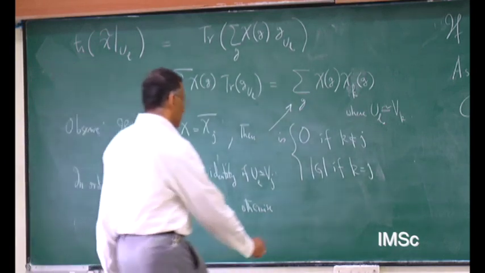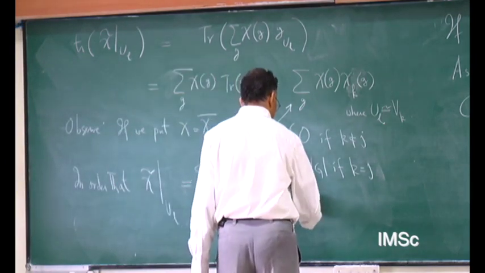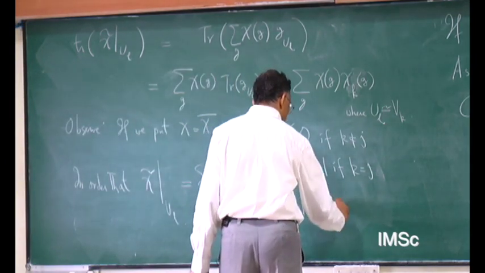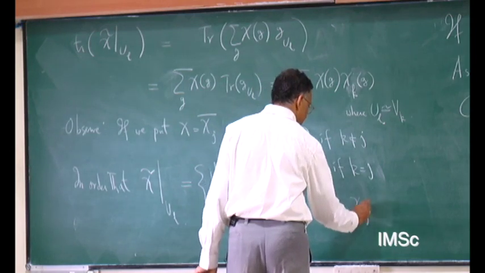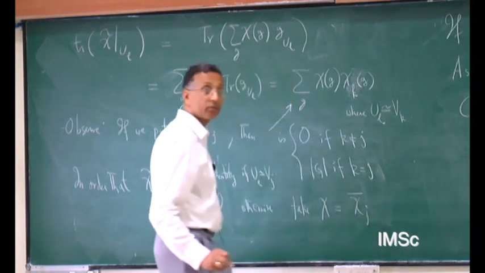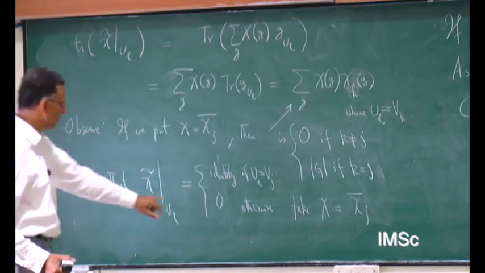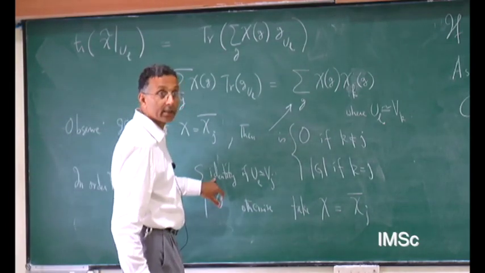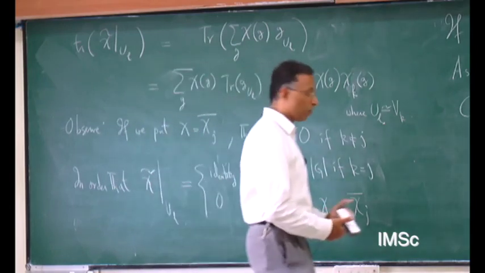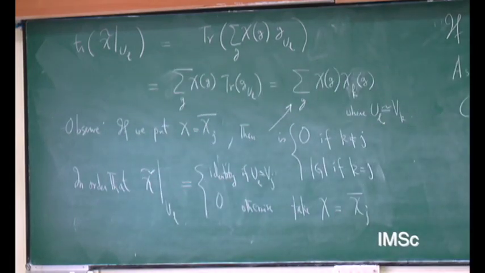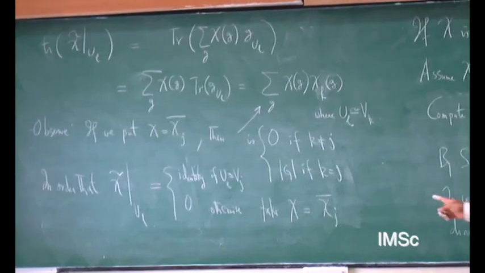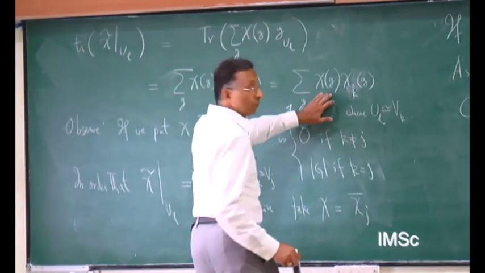We must take chi equal to chi sub j bar. If I take chi sub j bar, I will achieve this. But will I get the identity? That's the question. Let's see what I need to do. So this is the trace.